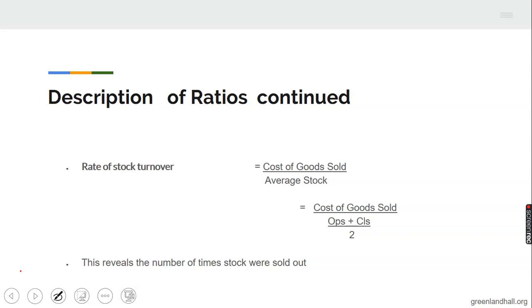When the average of the opening stock and the closing stock is obtained, then it is used in dividing the cost of goods sold, and that will give us rate of stock turnover. This shows the number of times the stock was actually sold out.